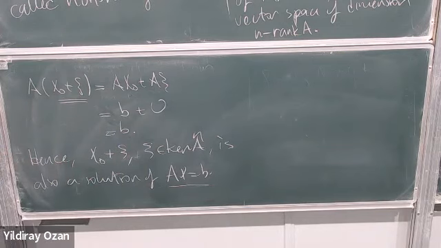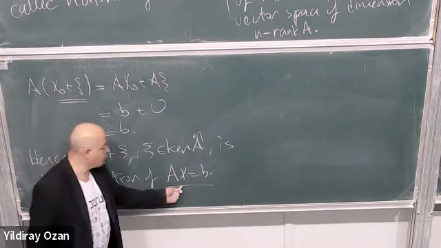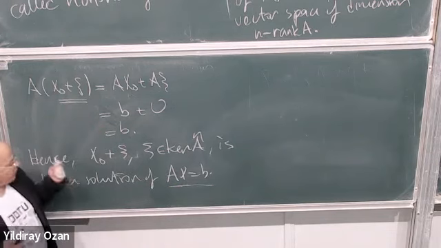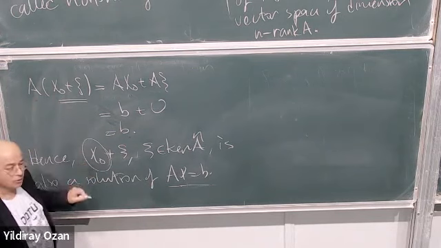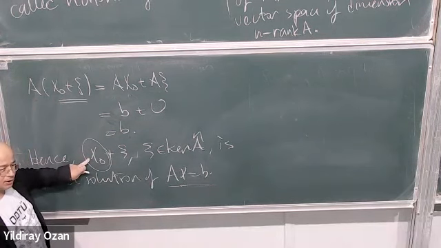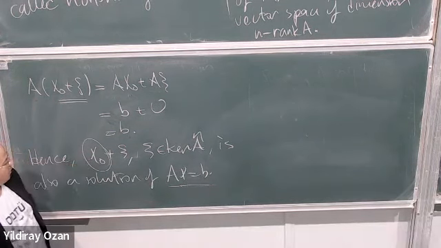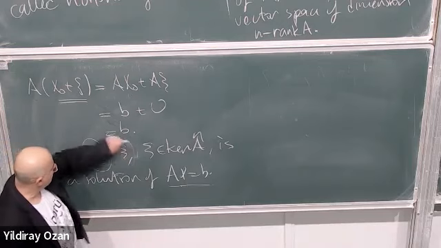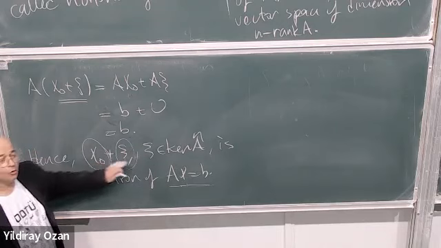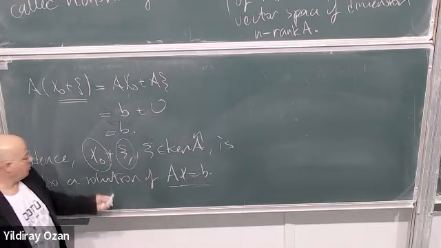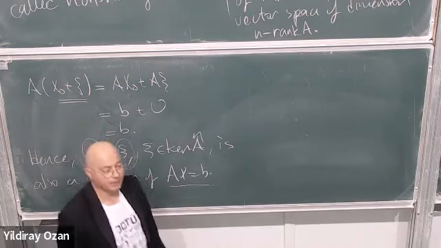So this tells us what? To solve this equation, it is enough to find one solution of the non-homogeneous equation, and then you just add the vectors in the kernel of A. This way you get all the solutions of the system Ax equals b.